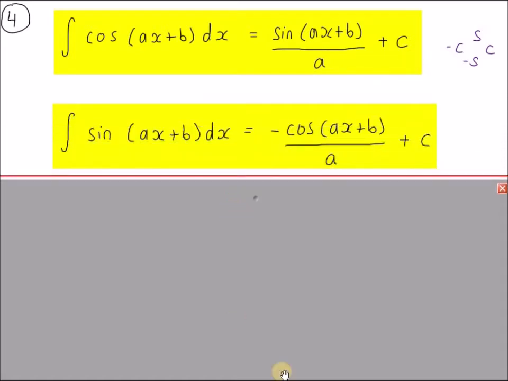And then for sine, so we're starting here and it's positive sine, going in this direction takes us to minus cosine there. Same angle, ax plus b, linear function, and then we divide by the coefficient of x.